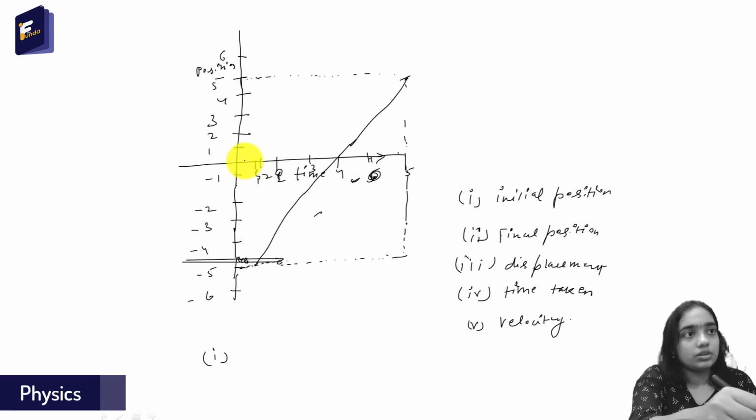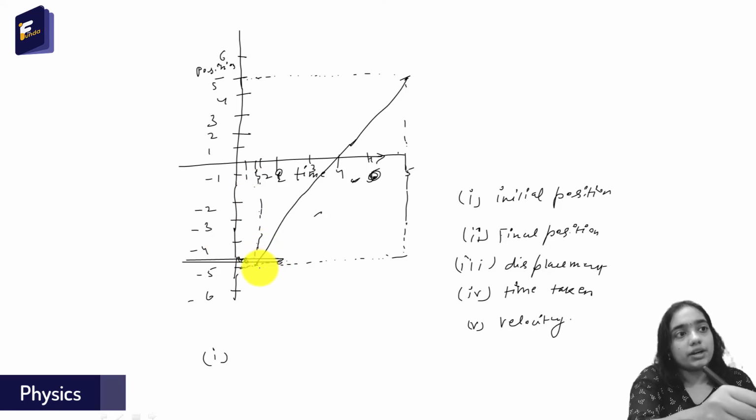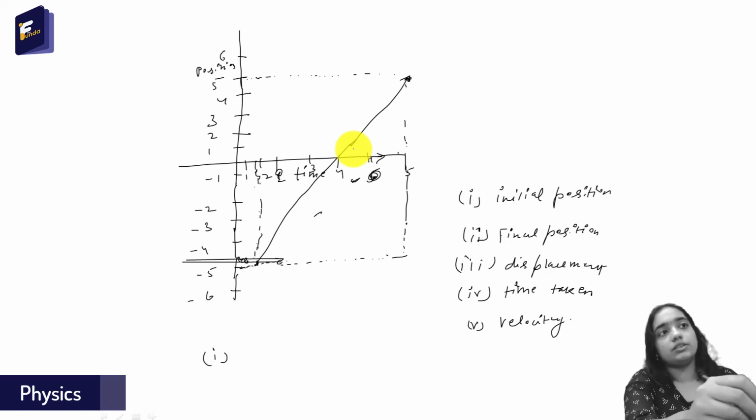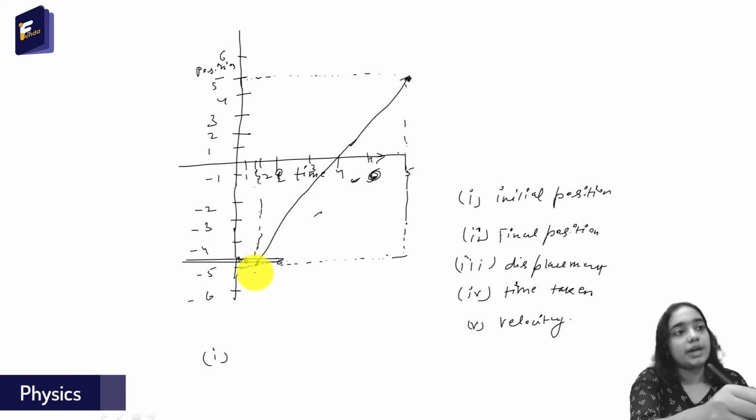This is just a rough graph, so I'm unable to make it clear. So you can see that the particle started from here and went to the last point. That is the meaning of the position time graph: its initial position was here, and it journeyed and covered this at 5 meters.